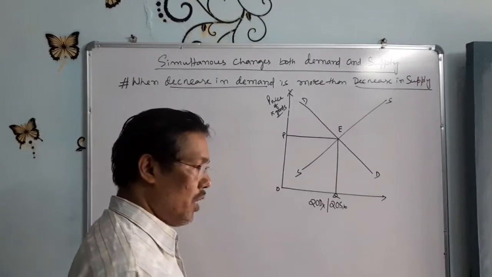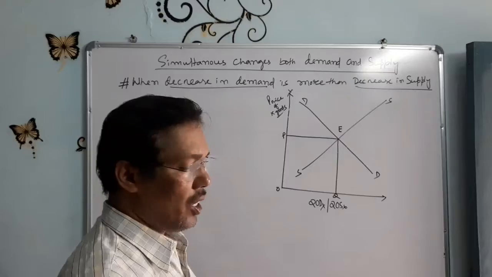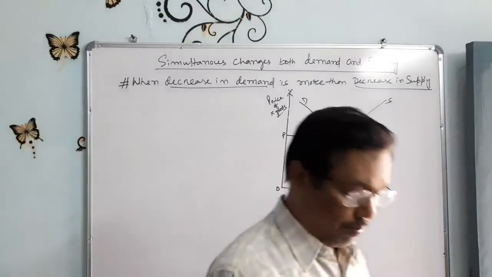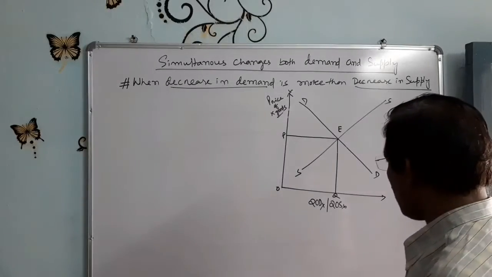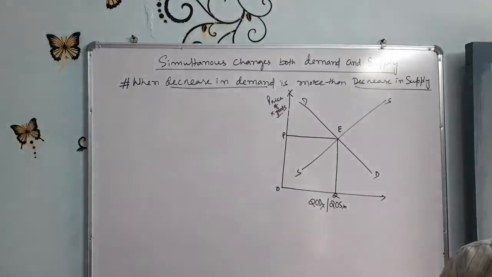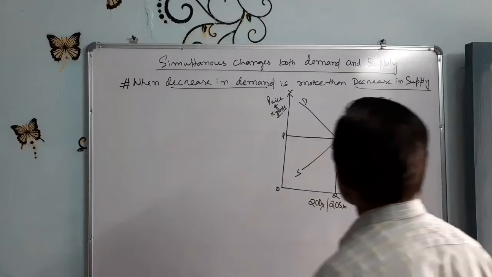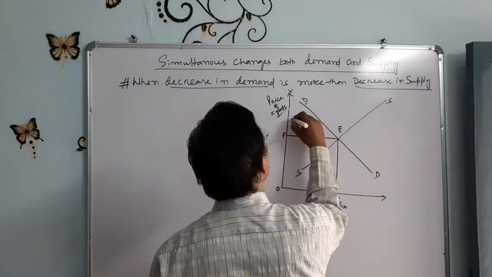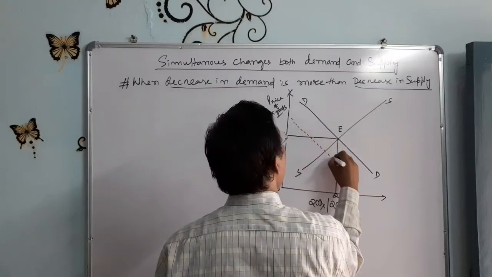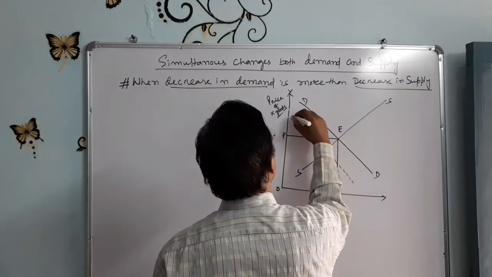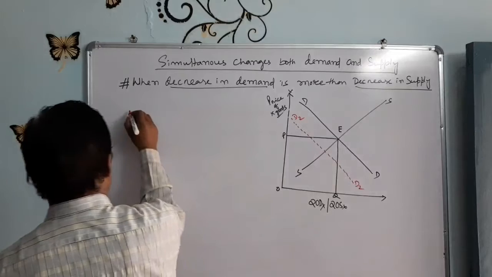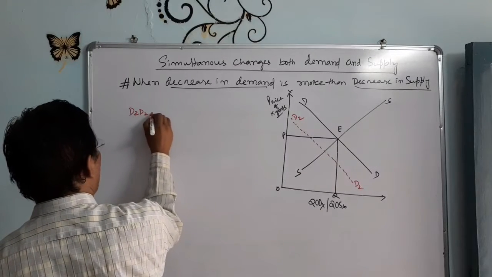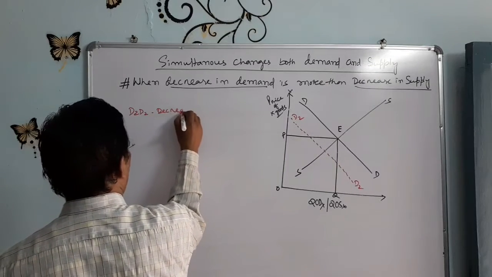We already know that a decrease in demand shifts the demand curve towards the left side. So I will draw that decrease in demand curve. D2 is the decrease in demand curve, that I will write here.